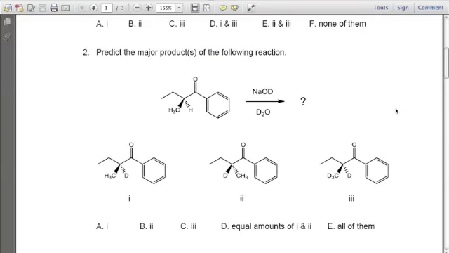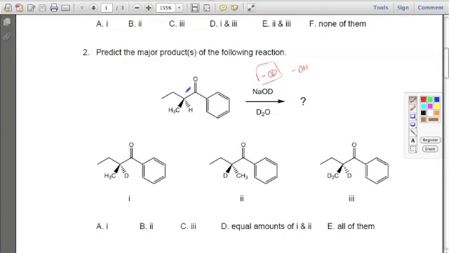Okay, so this is basically asking about doing your deuterium replacements that has been pounded into your head since Orgo 1. And what you see here, you have minus OD. So OD, you could think of it as minus OD, very similar to when you see minus OH. They're both really strong bases, and they're going to want to pluck off an acidic hydrogen. Now here, where do you see an acidic hydrogen?